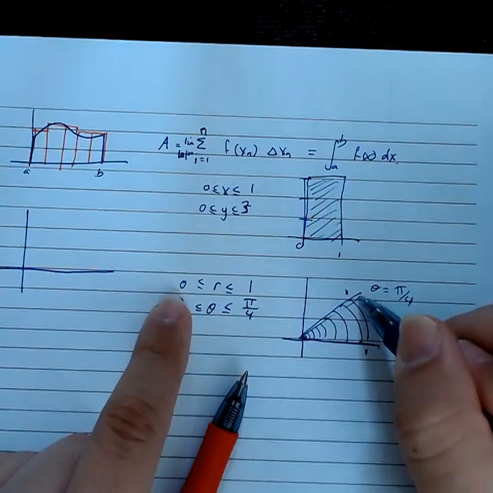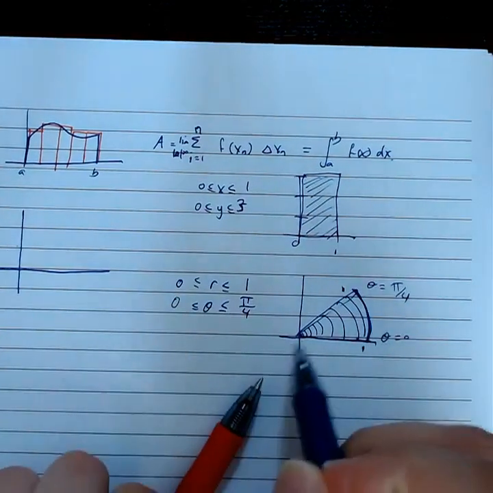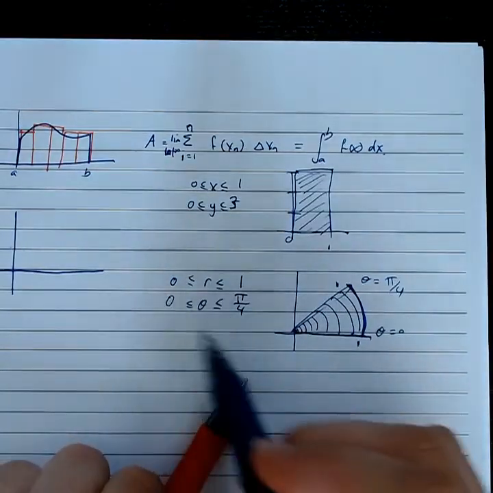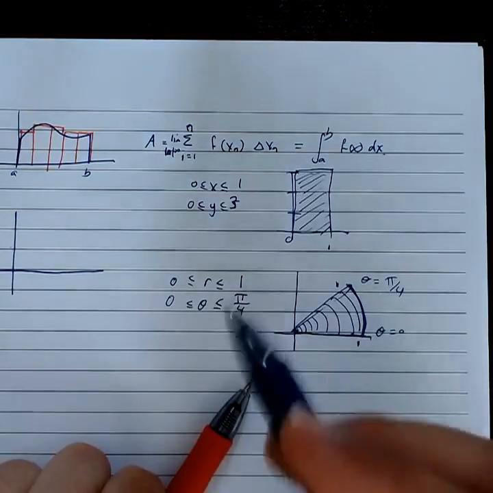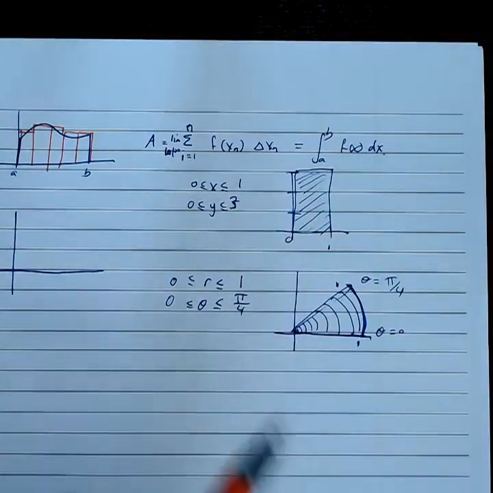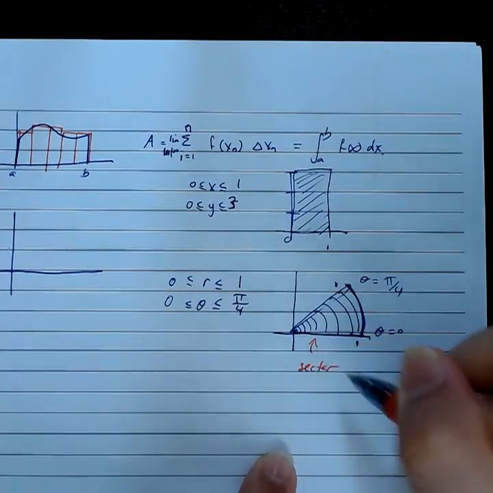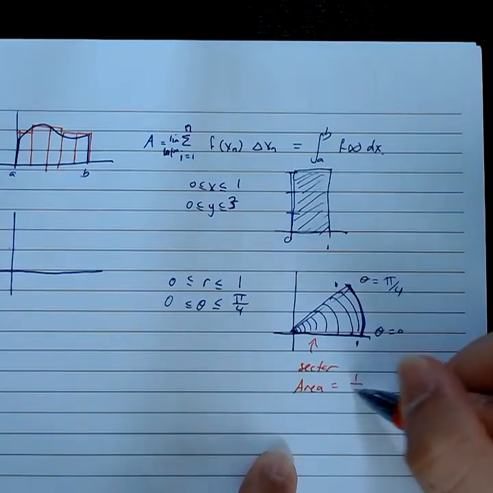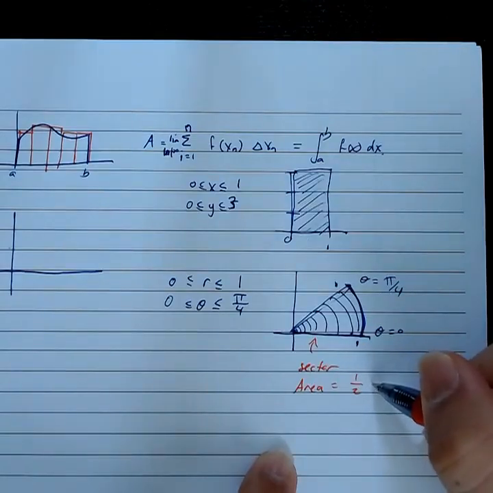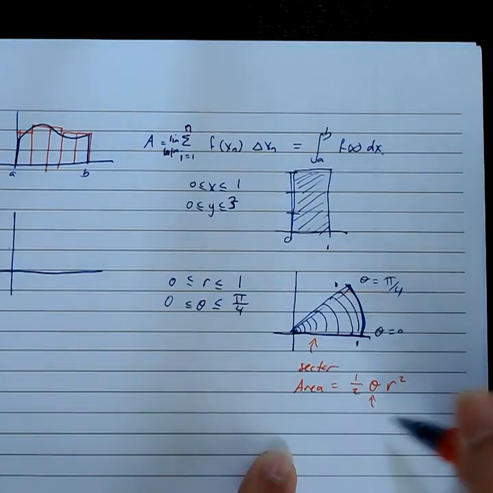So the natural shape that occurs in a rectangular coordinate system is a rectangle. The shape that most naturally occurs using constant boundaries in the polar coordinate system is this kind of shape. If you think back to your trigonometry, this is called a sector. And the area of a sector is given by 1/2 theta r squared, where theta, this is important, must be in radians.